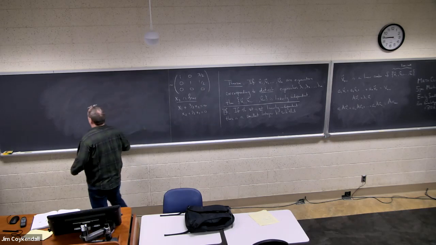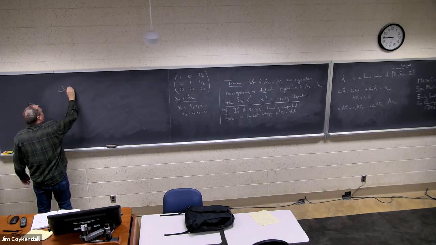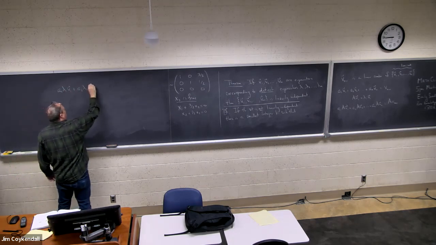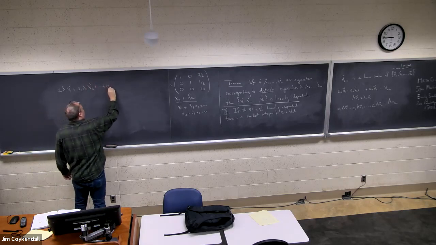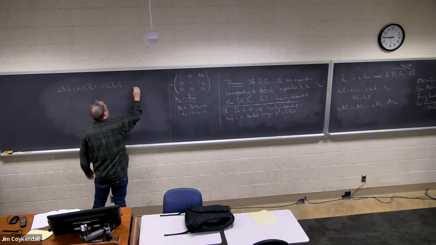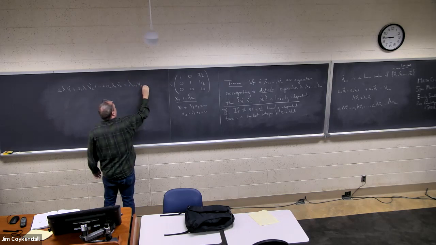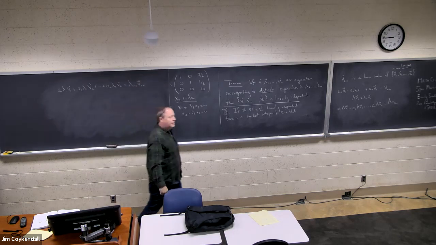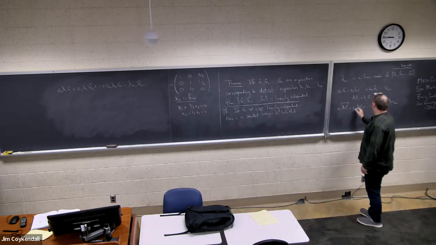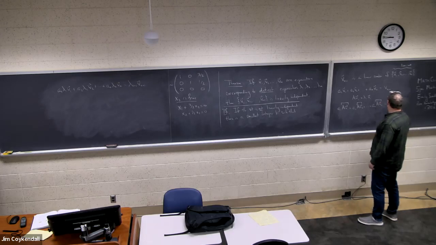And so let's see what I get. I get A1 lambda 1 V1, plus A2 lambda 2 V2, plus ... AK lambda K VK, equals lambda K plus one V(K+1). Right, so every one of these is lambda 1 V1, this is lambda 2 V2, lambda K VK, and finally lambda K plus one V(K+1).